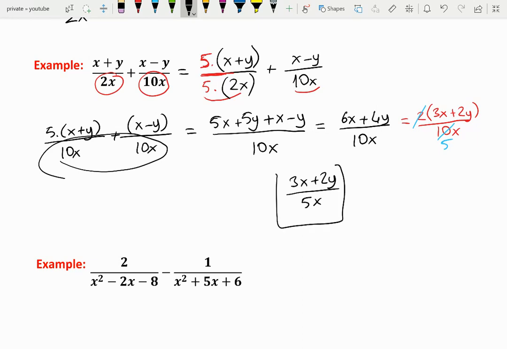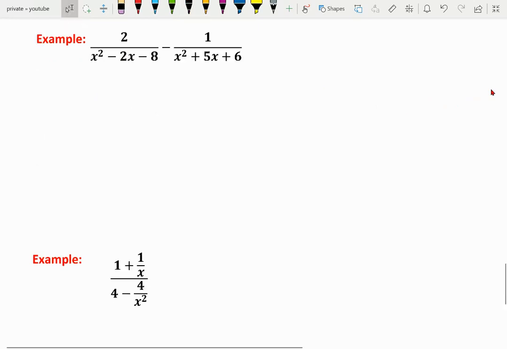Yeah, this is the end. Okay, so let's see subtraction of two algebraic fractions. Again we will factor out. Let's say I will write 2 over, so I can write this one here, x minus 4 and x plus 2.